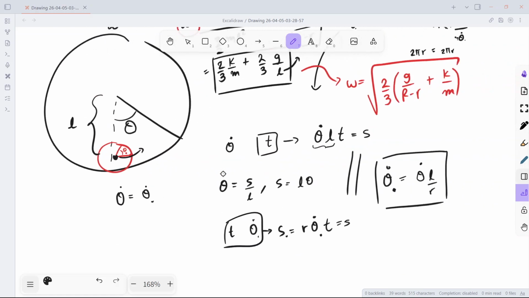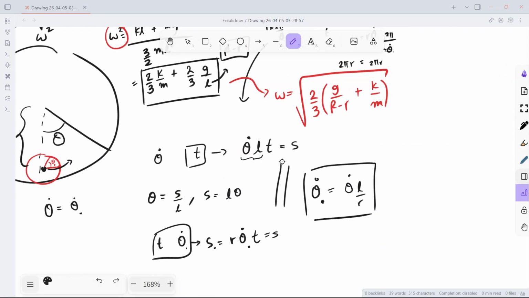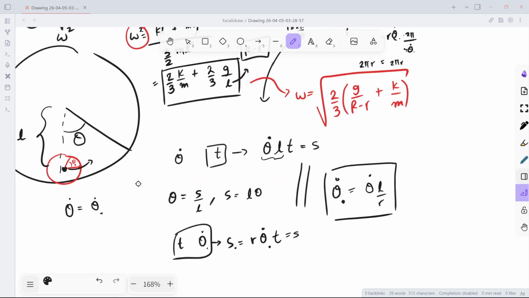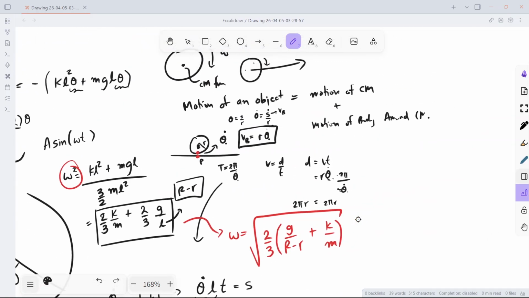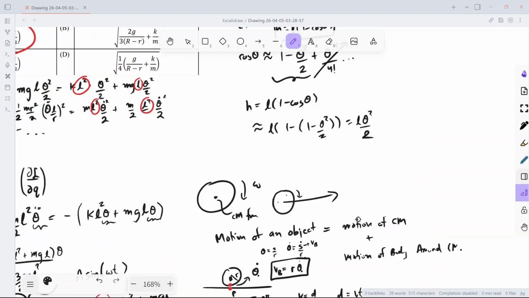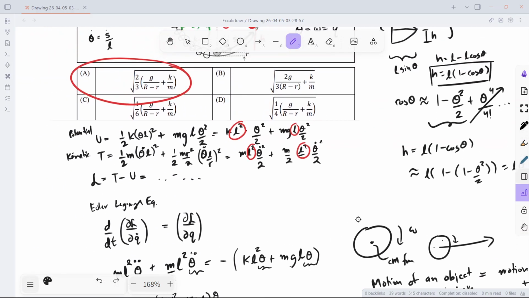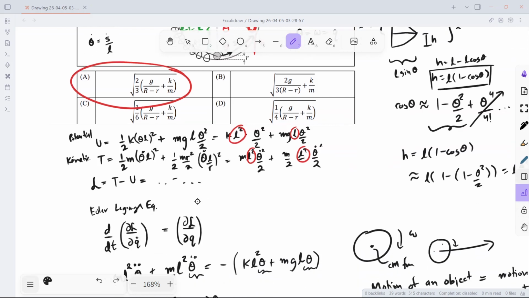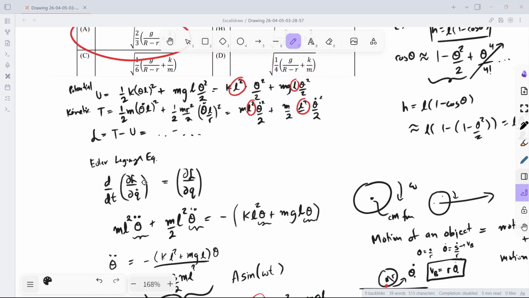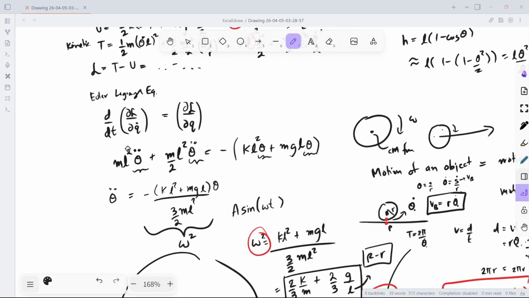So in essence, in time t, if you traverse a distance L theta dot t in the big frame, you traverse a distance R theta naught dot t in the little frame, so there's just L over R. But yeah, at the end, you just get your kinetic energy, your potential, and use the Euler-Lagrange equation, differentiate.